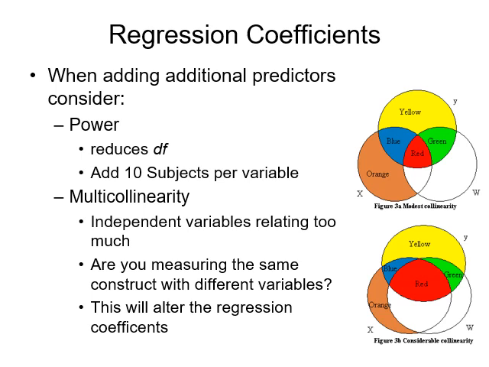We do also want to recognize that as we add additional predictors, we want to make sure we're adding predictors that are not highly related to the other predictors and are at least predicted to be related to our outcome. Multicollinearity is when we have too many independent variables and they're more related to each other than our actual outcome. So basically, are we measuring the same construct with different variables?